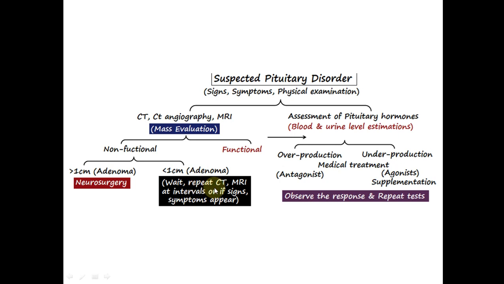At regular repeated intervals, we will do CT or MRI, and we will see whether the adenoma is growing or if it is the same. So we will deal with the patient accordingly. If it is not growing, is less than 1 centimeter, and is not producing signs and symptoms, then we will just observe it.